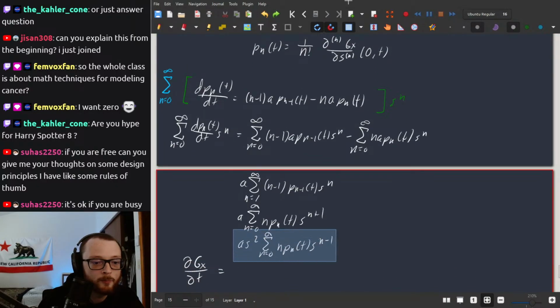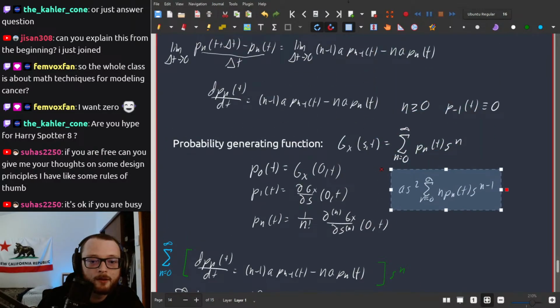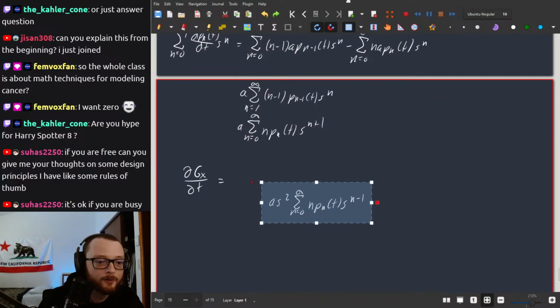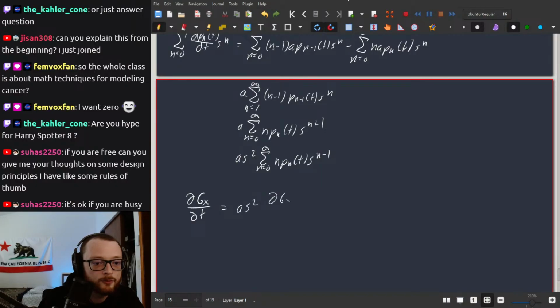Let me bring it closer for comparison. This piece is the partial derivative of g with respect to s. So we get a s squared times dg/ds.